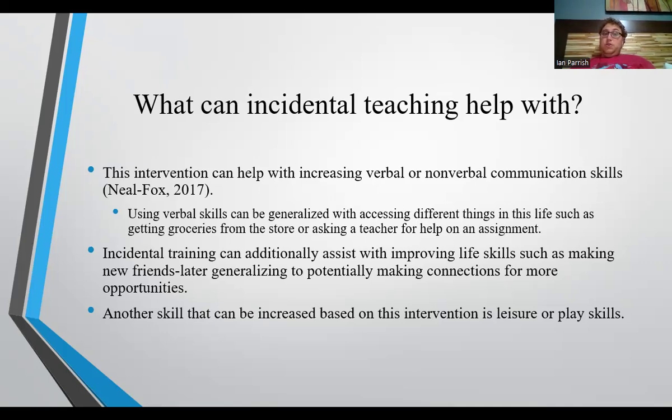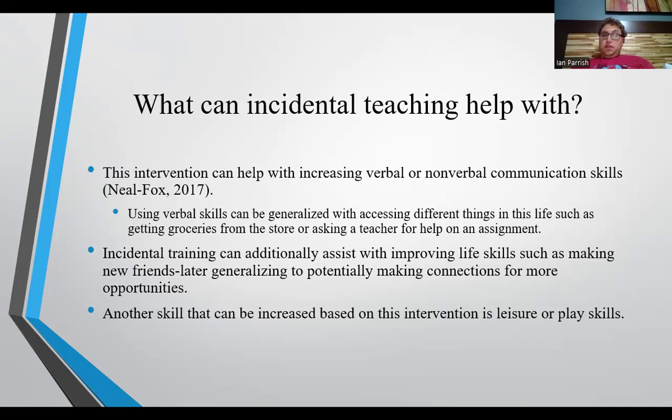Using verbal skills can be generalized to accessing different things in life, such as getting groceries from the store or asking a teacher for help on an assignment. There's so many things that we do as neurotypical adults that are embedded with and require communication. And by doing that, we can contact these different reinforcers and different contingencies in our environments. And that's all through communication.